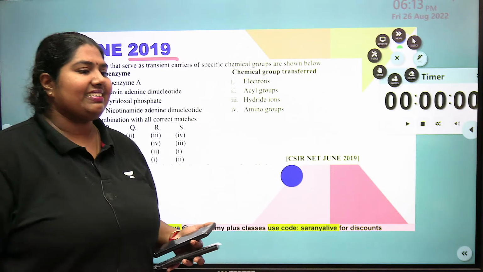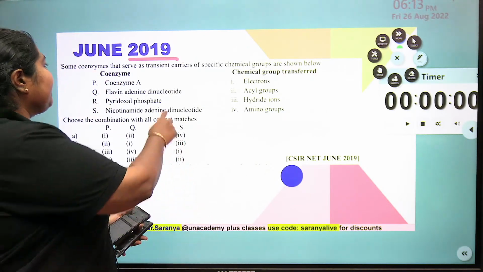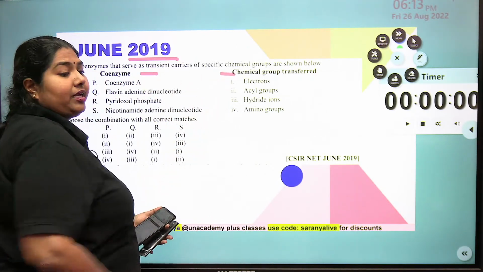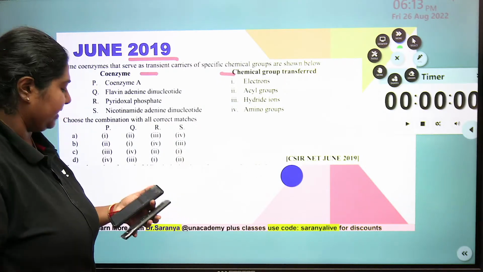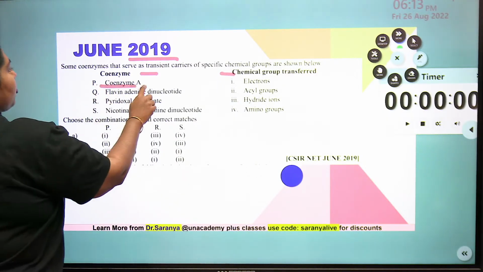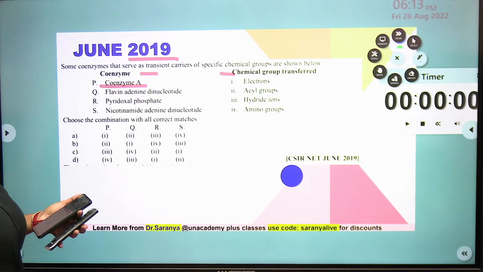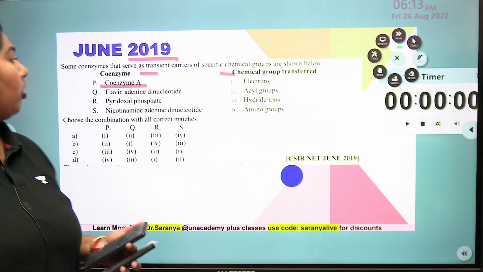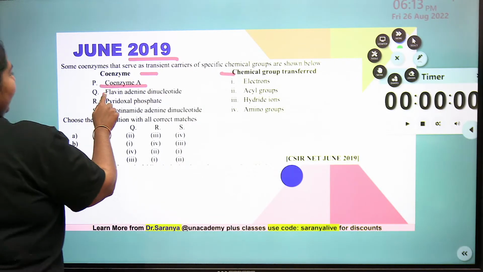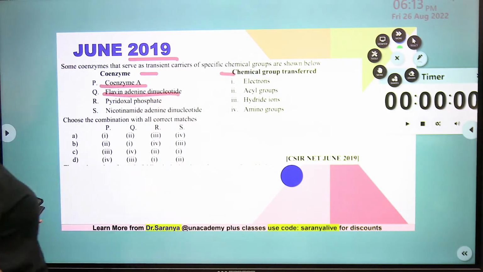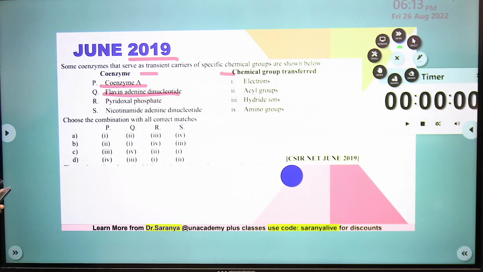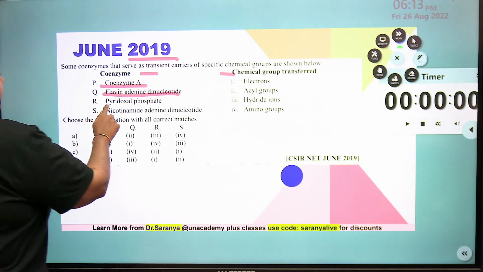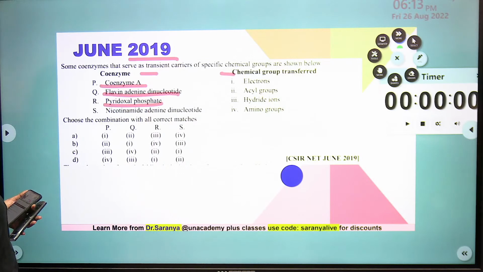This question is about enzymes and the chemical group that is being transferred. The first one is coenzyme A. The second one is flavin adenine dinucleotide. The third one is pyridoxal phosphate.